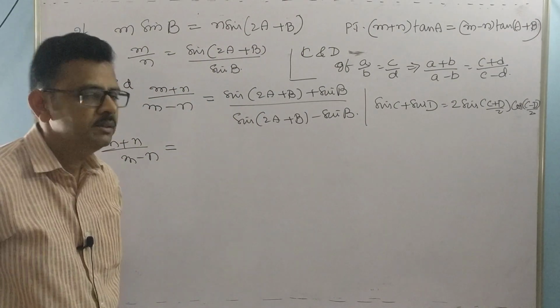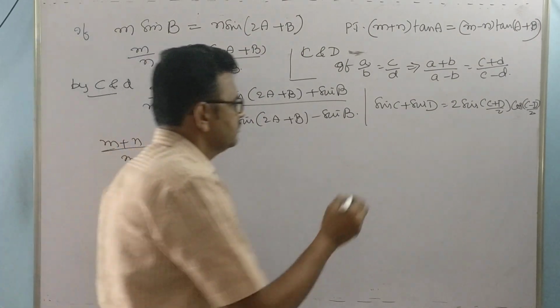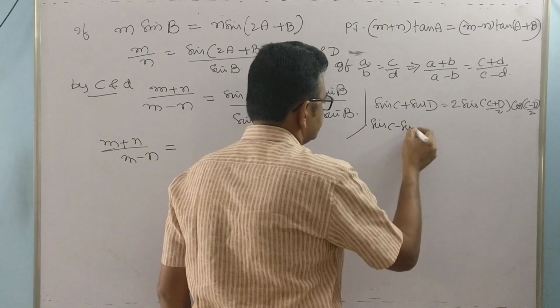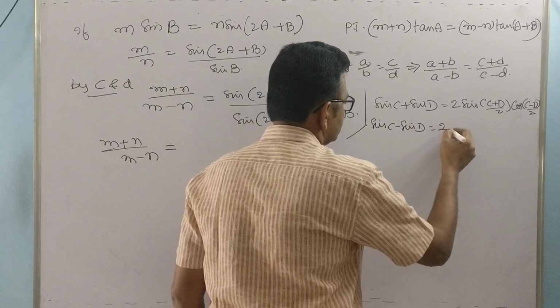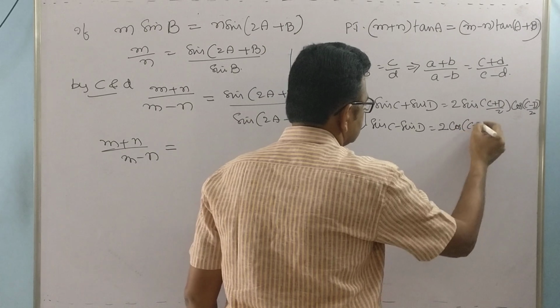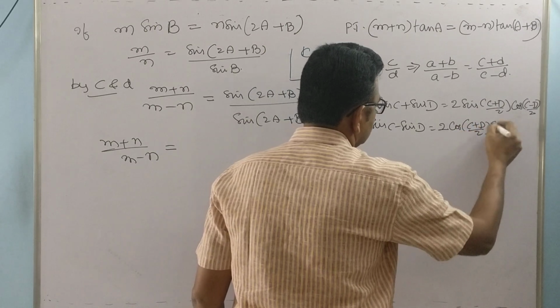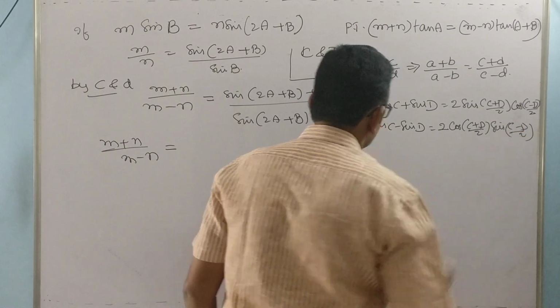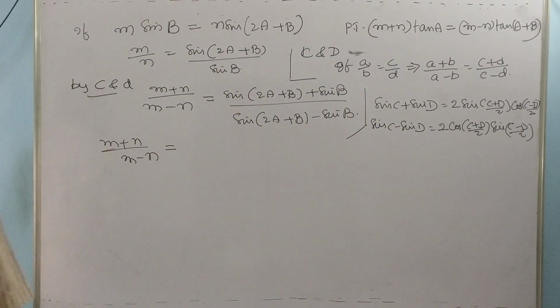And what about the sin c minus sin d form? It is equal to 2 cos of (c plus d) by 2 and sin of (c minus d) by 2. So these are the formulas for sin c plus sin d and sin c minus sin d.